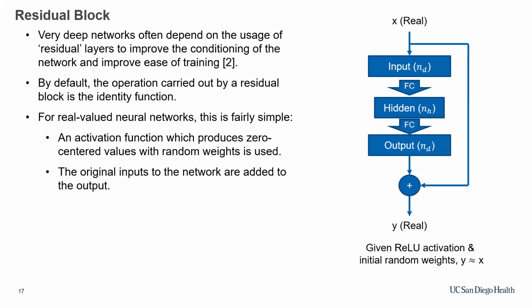And so once you add the original input back in, you get output which is very similar to the original input. And so for convolutional networks, this enables the training of very deep networks compared to what were previously demonstrated. So networks with dozens or hundreds of layers were able to be trained using these residual blocks, whereas previously the conditioning of the network was so difficult that backpropagation essentially couldn't do it.